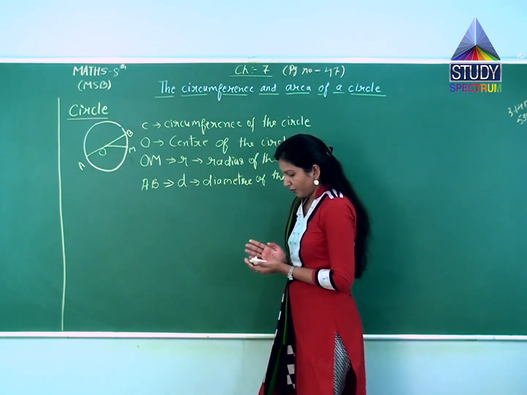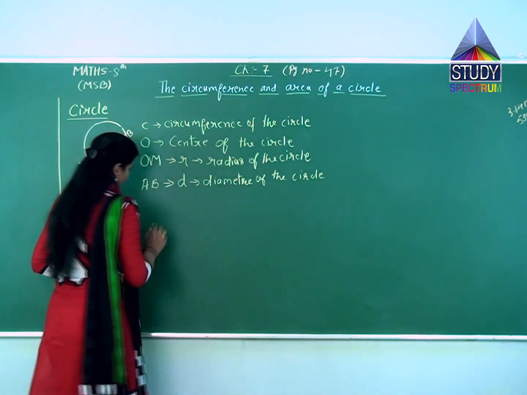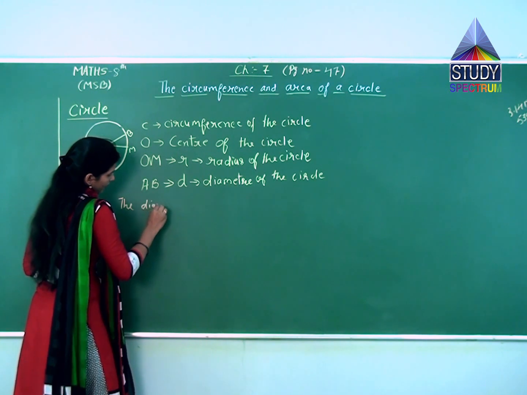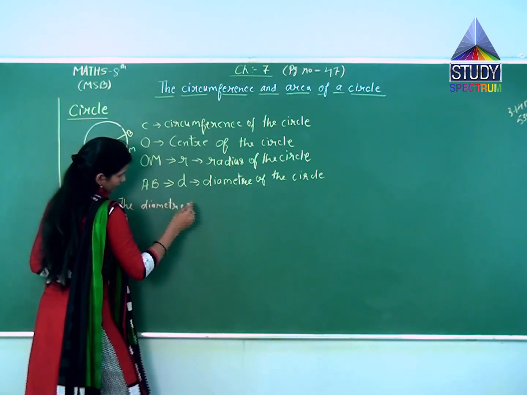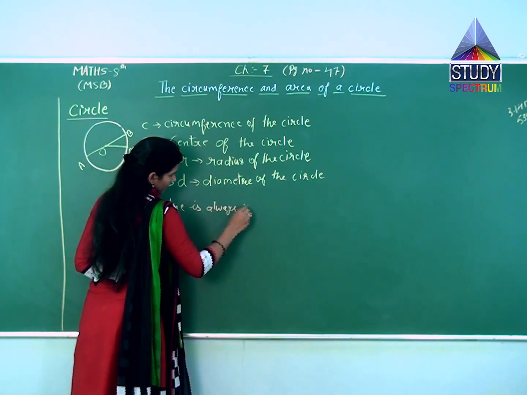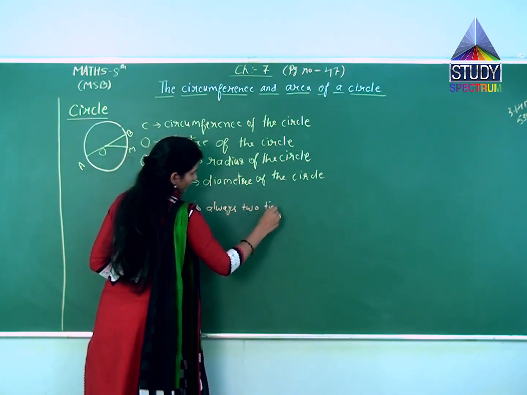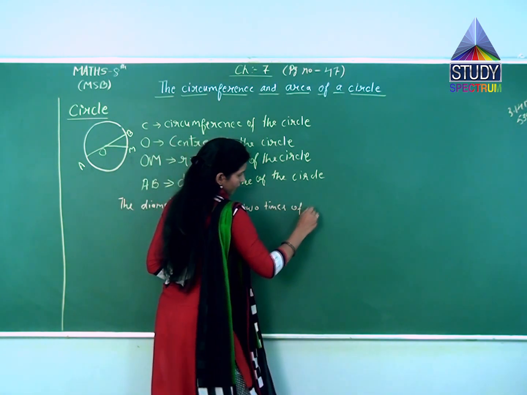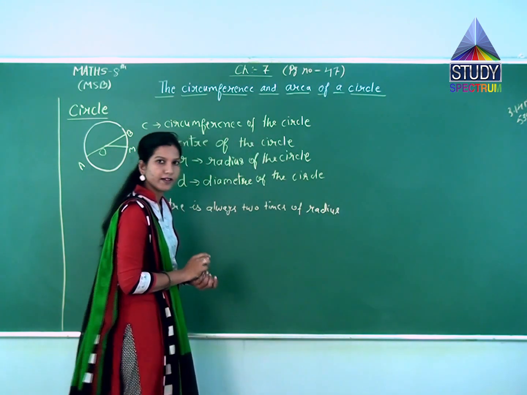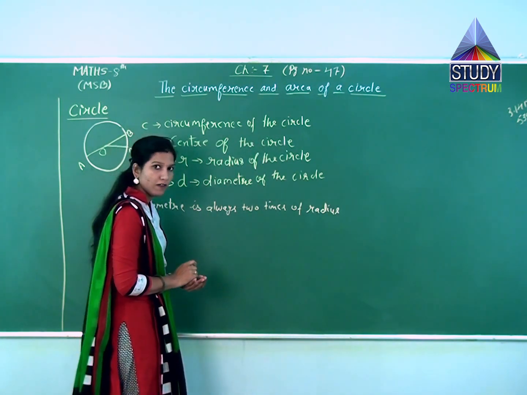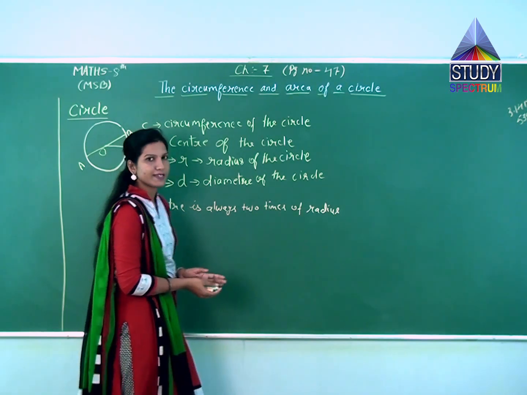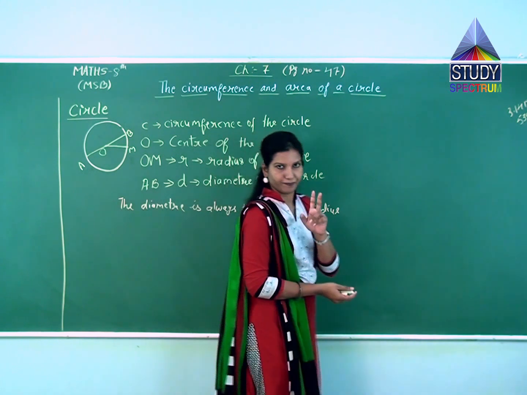Now, one point to remember here, the diameter is always 2 times of radius. What have I written here? The diameter is always 2 times of radius. Means diameter हमेशा radius का 2 गुना होता है.